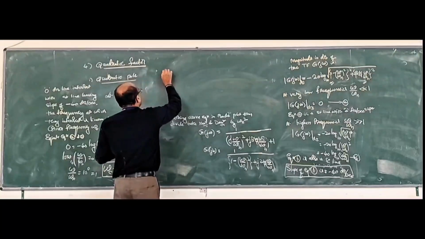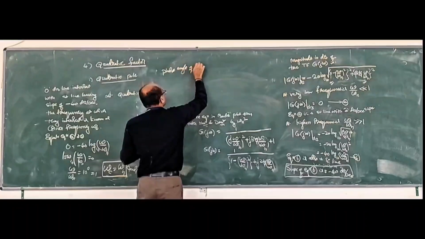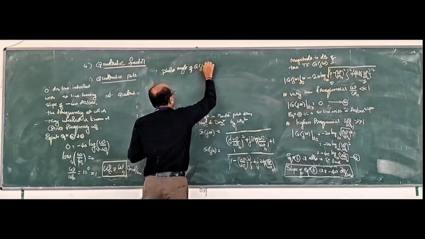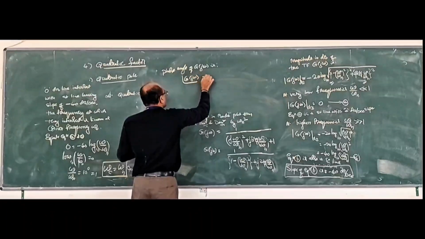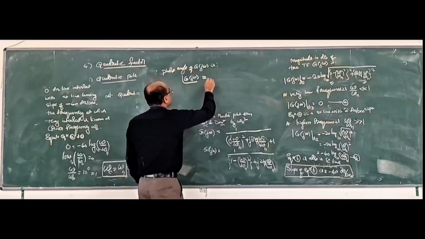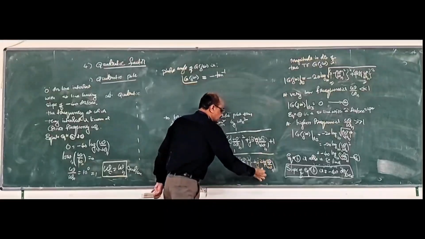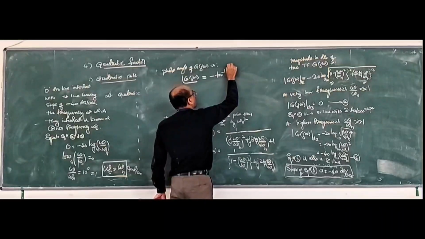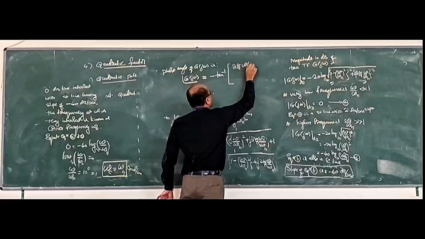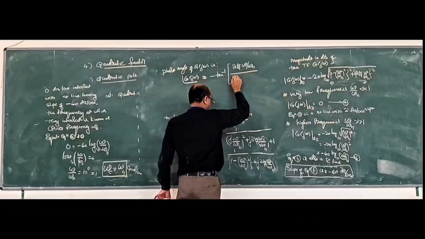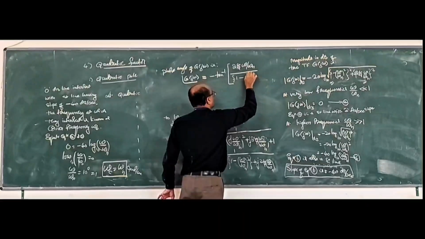So the phase angle of g of j omega is minus tan inverse of, in the bracket, 2 zeta omega by omega n divided by 1 minus omega by omega n whole square.